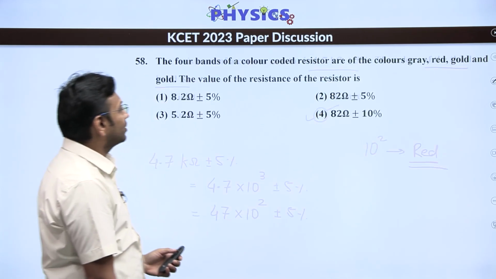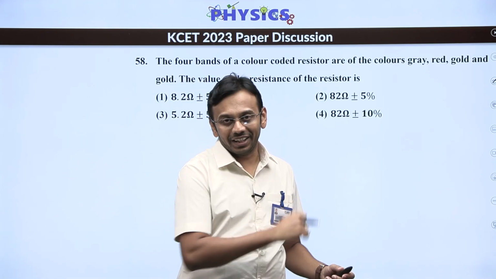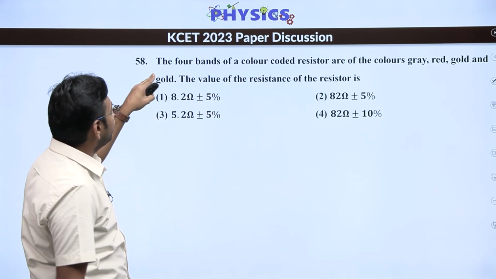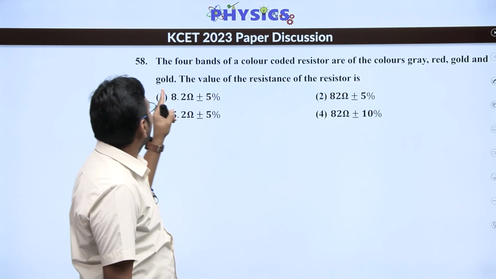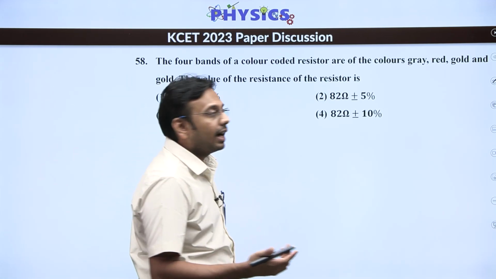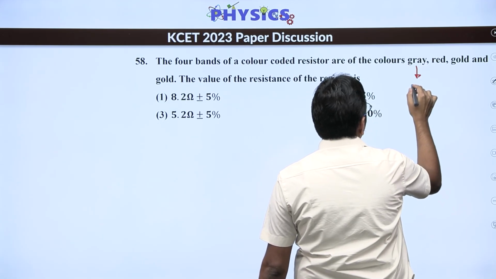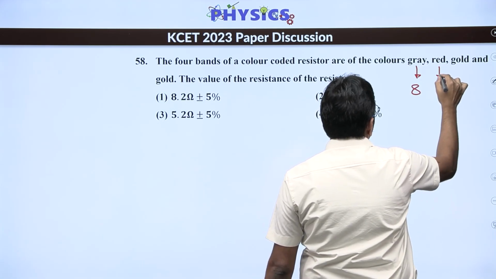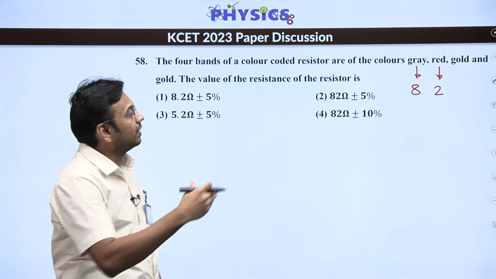Alright. Let us take the next question, which is again based on the color coding. Okay. So, we have 4 bands. The colors are given grey, red, gold and gold. Okay. Now, once again here we have to look at the value of each color. Grey represents 8, red just now as we discussed it represents 2 if it is in the first or second place.